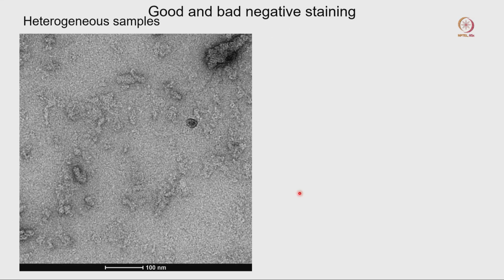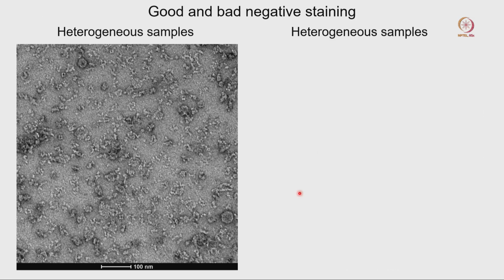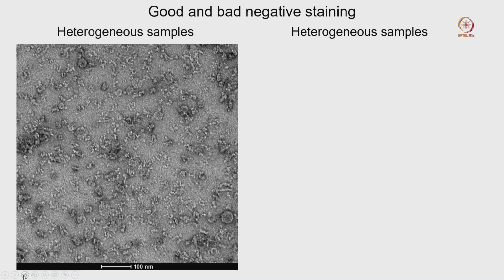Here I am showing you one sample, and if we consider the staining of this sample, it is definitely a very good stain, because if you look anywhere on this sample, we can clearly distinguish the particles.